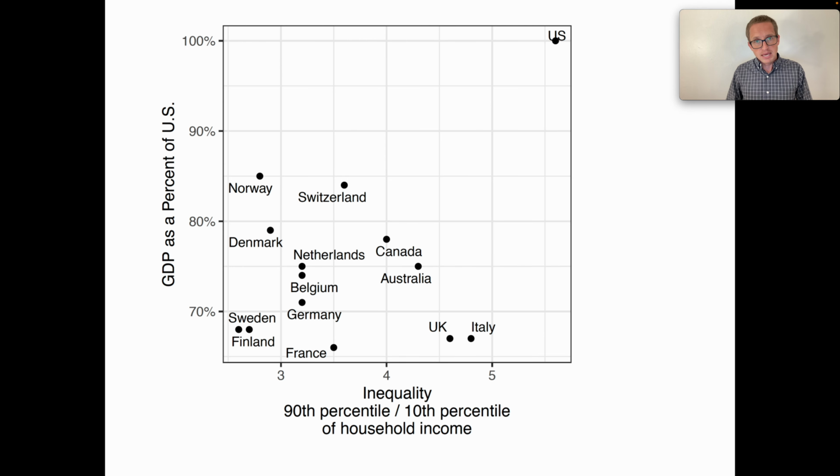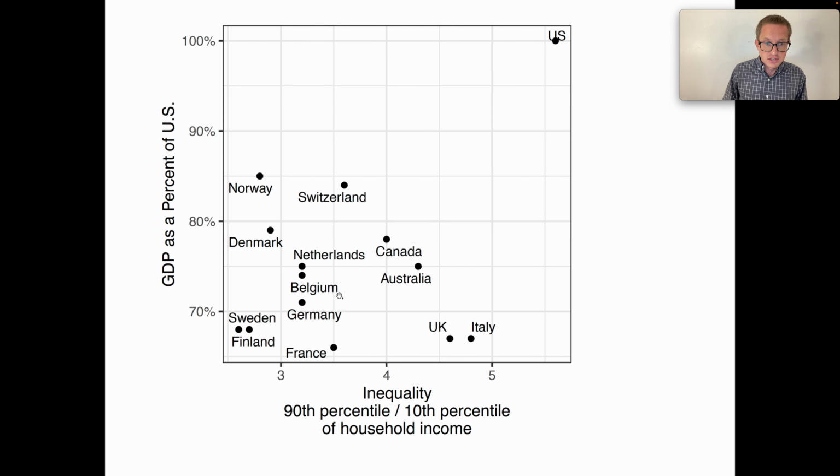In the paper, he presents data in a table, and here I've turned them into a figure. For each country in this plot, we have an x-axis variable, inequality in that country, measured as the ratio of those high earners to the low earners. In the US, in the data Jenks is studying, which are considerably older than the data that started this lecture, the top earners had about 5.5 times the income of the bottom earners.